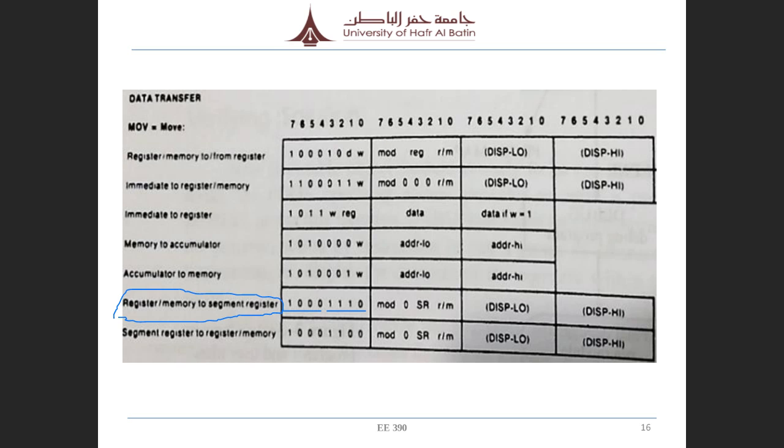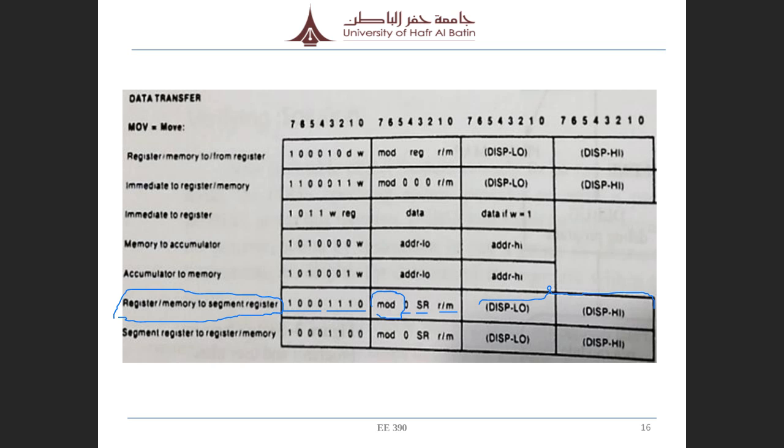So first byte is already given. First byte is here, then second byte is MOD, then 0, then segment register, then register or memory. The rest depends on memory, but here we don't have memory. It is register to segment register, not memory.